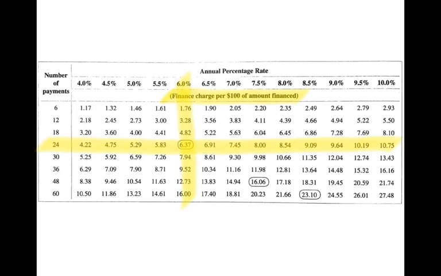And where they overlap, that is going to be the finance charge per $100 financed. So that is the $6.37. So again, I did the 24 months because that was the number of payments at 6%. So I'm trying to see where these two pieces overlap.